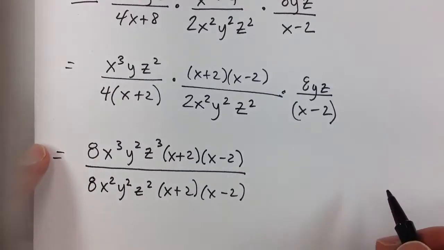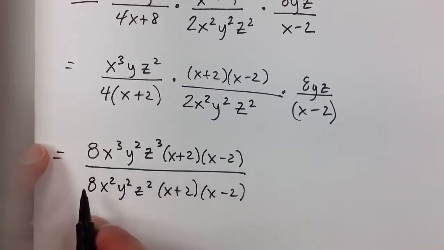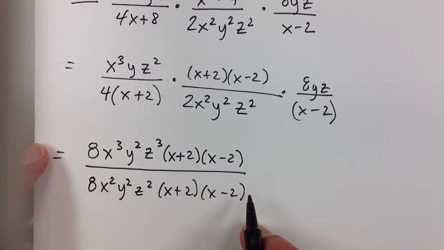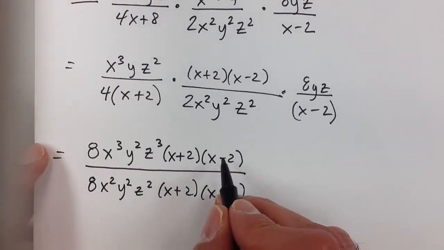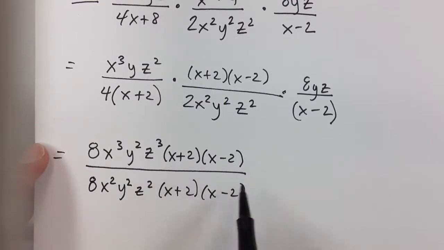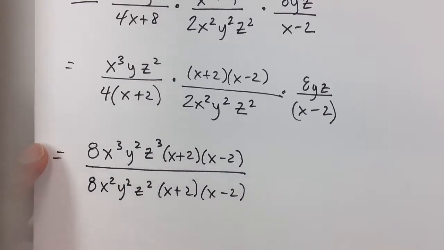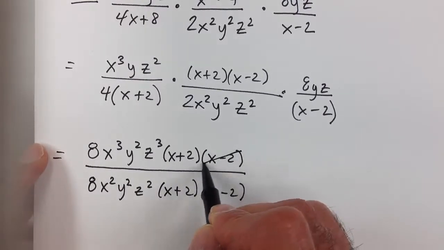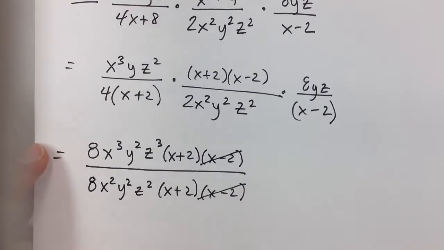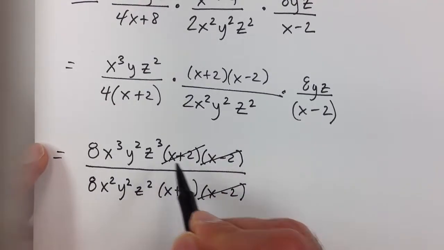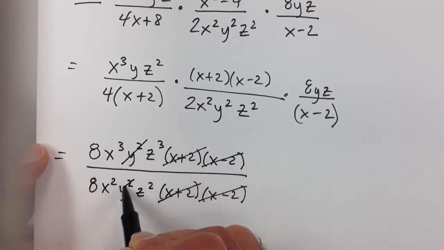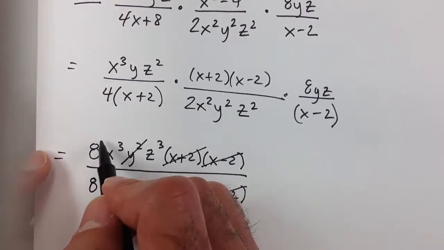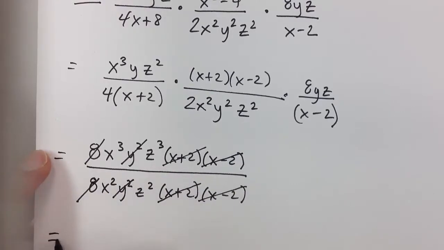You might notice that for convenience, I kept the same order on the top and bottom for some matching factors. Now that everything is factored, and addition and subtraction are contained within parentheses, we can cancel matching factors. This entire x minus 2 is a factor matching that one. Same thing with the x plus 2's. And you'll notice here the y squareds cancel completely, being matching factors, and so do the 8's.